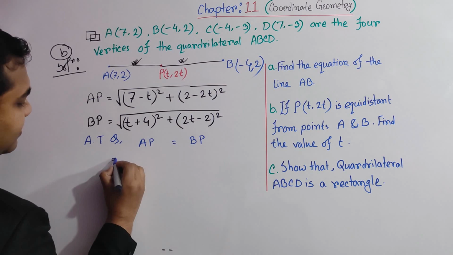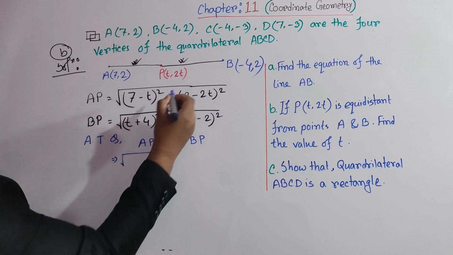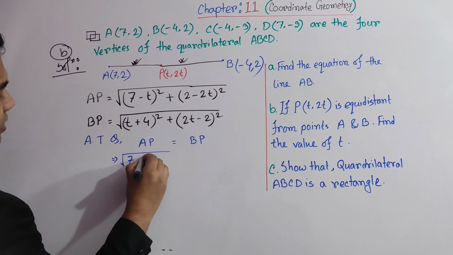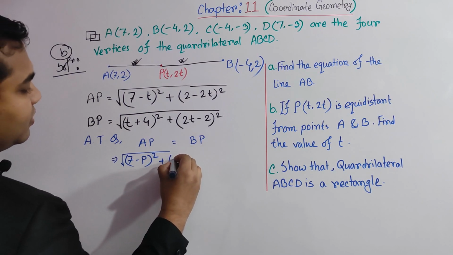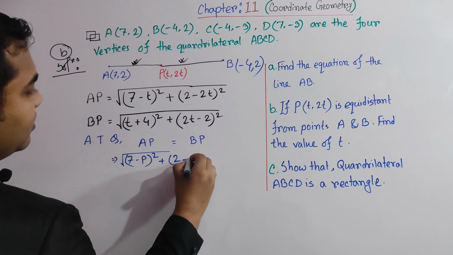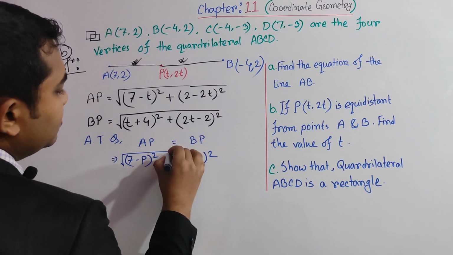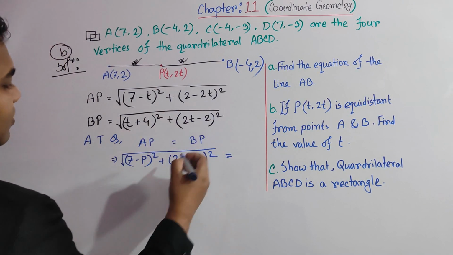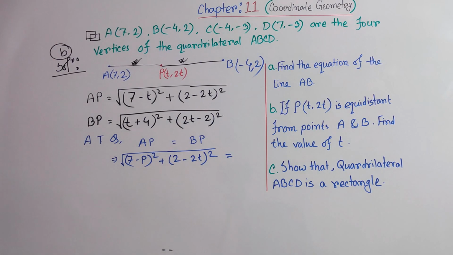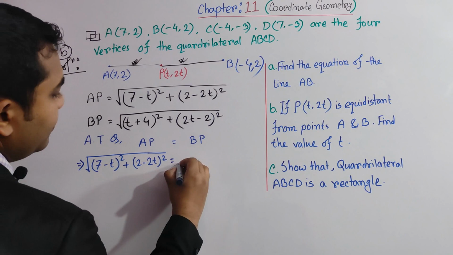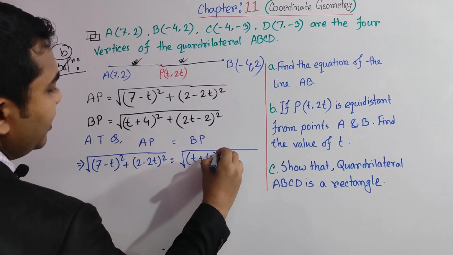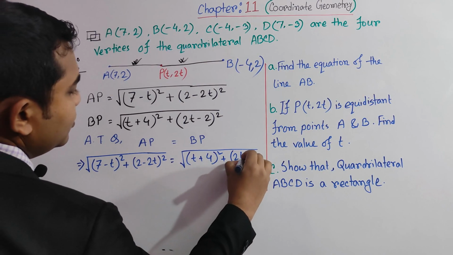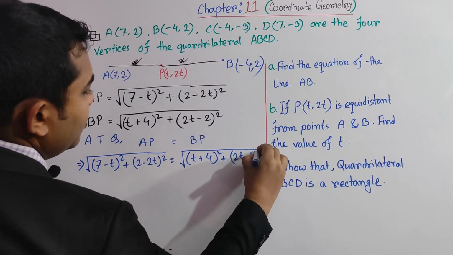That means the value for AP is equal to the value for BP, equal to root over t plus 4 whole square plus 2t minus 2 whole square.